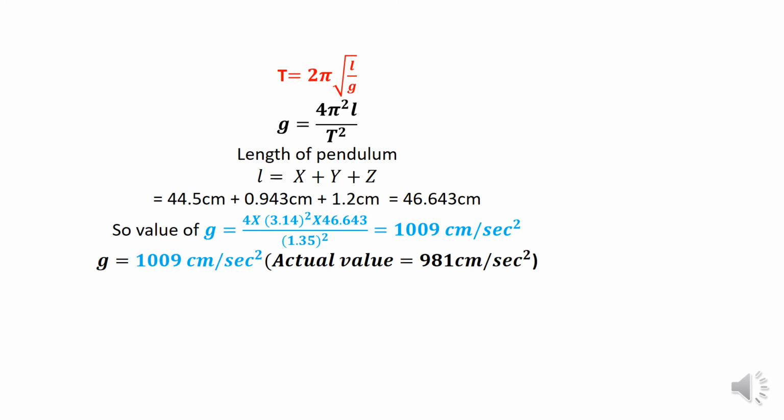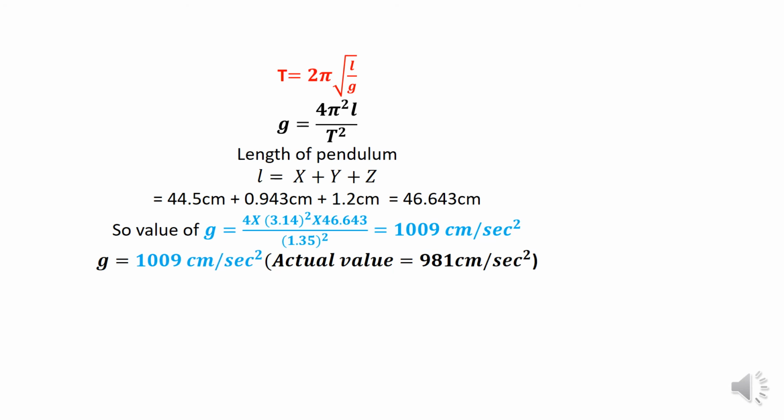So how will the length be measured? L is equal to x plus y plus z. These three are basically the radius of the bob, that we converted from the diameter, plus the hook plus the thread. The positions I have already mentioned in the slides.